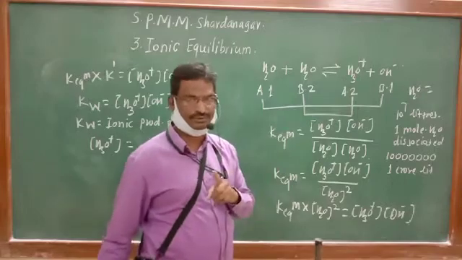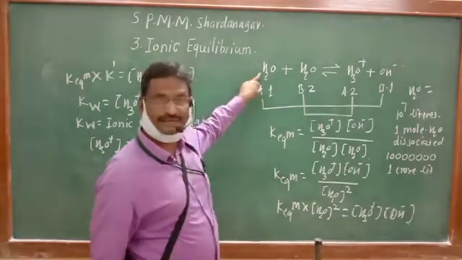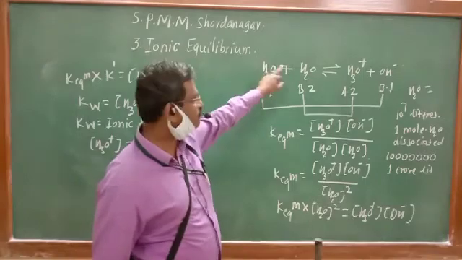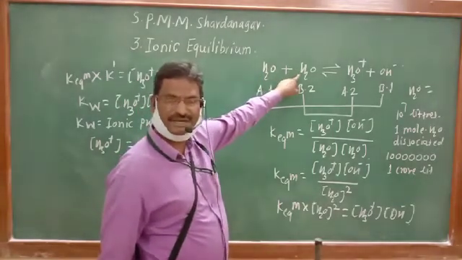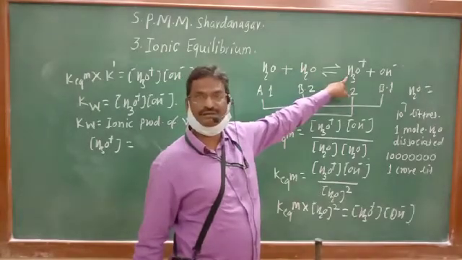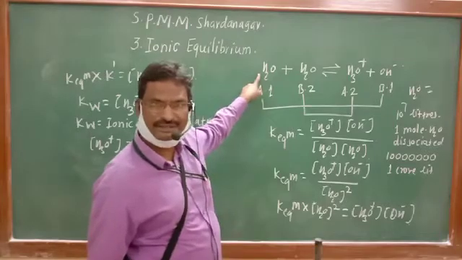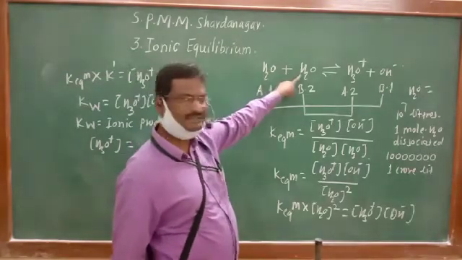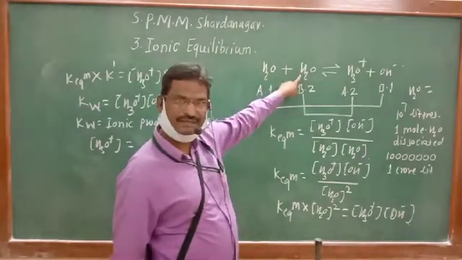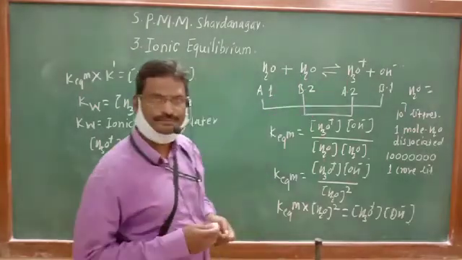You got it? Suppose here 3 H plus ions are obtained. So this will accept 3 H plus ions, and 3 H3O plus ions are also obtained. If this is donating 5 H plus ions, this will accept 5 H plus ions, and how many H3O plus are obtained? 5.